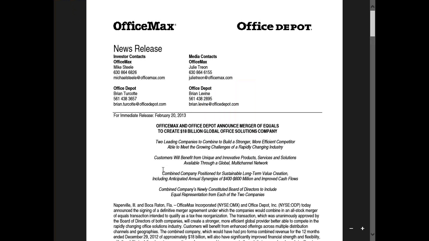It says here, combined company position for sustainable long-term value creation, including anticipated annual synergies of 400 to 600 million.